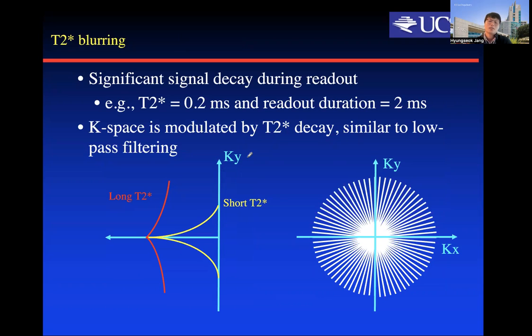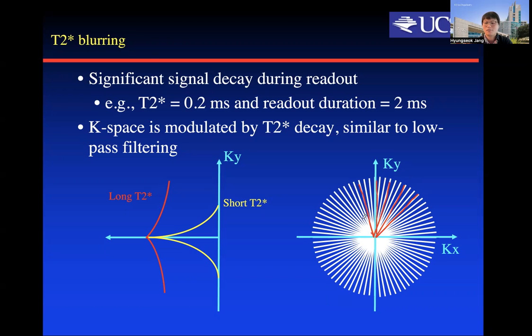Okay, and another very popular artifact in UTE imaging is called the T2 star blurring artifact. So basically, say this is 2D UTE imaging, and we do the center-out readout in each TR like this. But the readout takes time, actually.